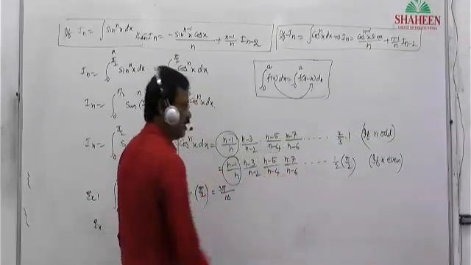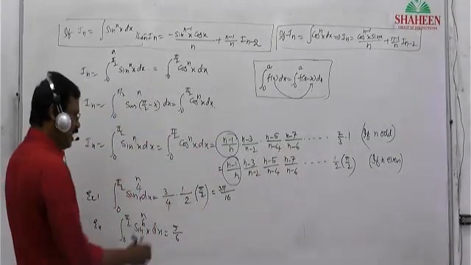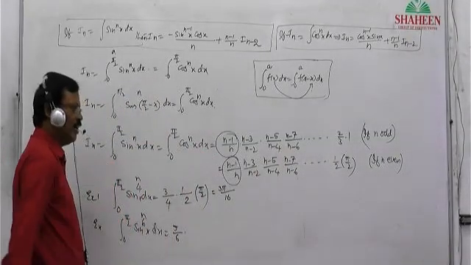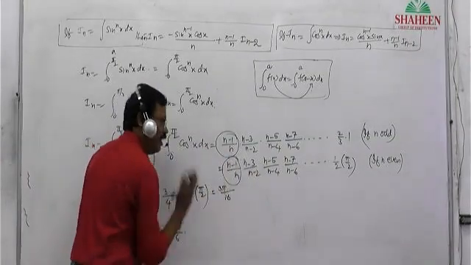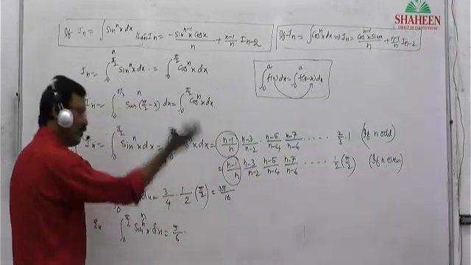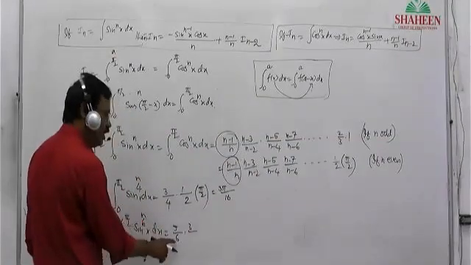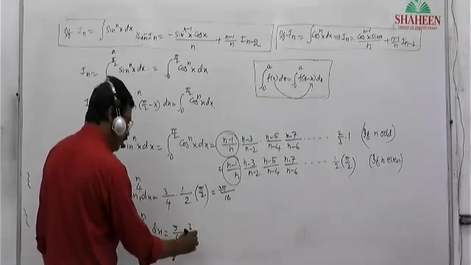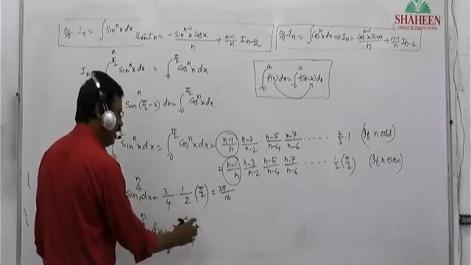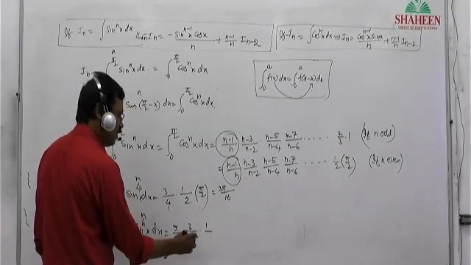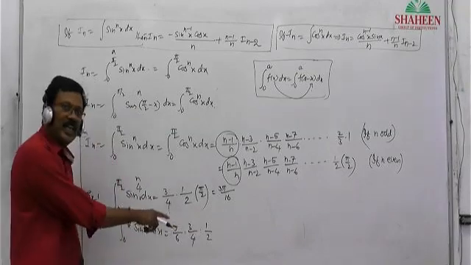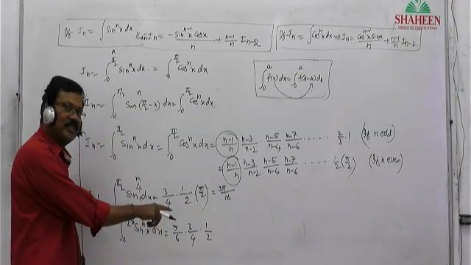I am remembering only the first number. After that, 2 difference: in numerator 5, 3, 1, and in denominator 6, 4, 2. What you got at the last number? The last number is 1 by 2.